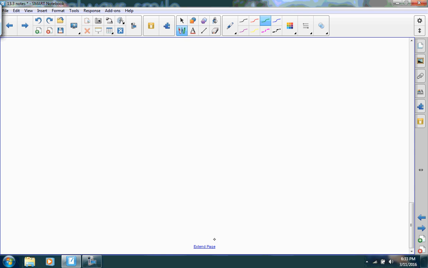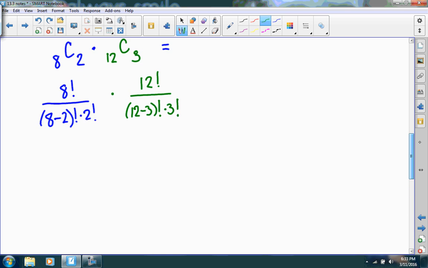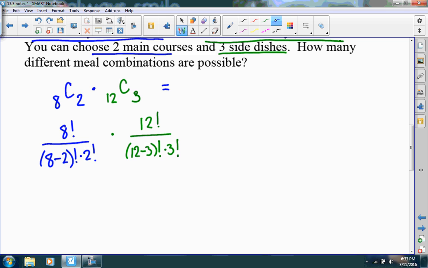So if we work this out by hand, it's going to be a little more involved. So remember this 8 minus 2 factorial, that's really 6 factorial. So everything from 6, 5, 4, 3, 2, 1, that's all going to cancel. So I'm really just going to have 8 and 7 in the numerator, because the rest of the stuff after that is going to cancel with the 6. And then I still have the 2 and the 1. And actually the 2 will go into the 8 4 times. So 4 times 7, that's going to be 28.